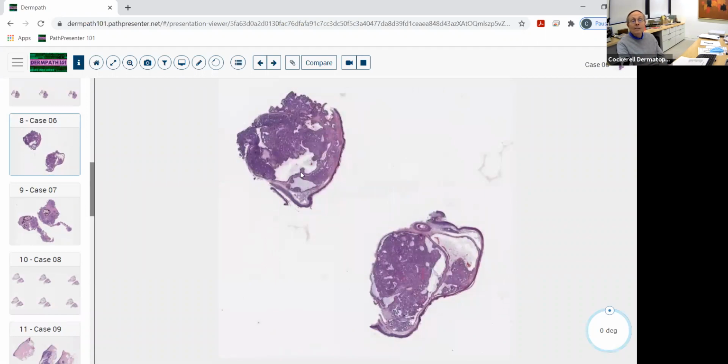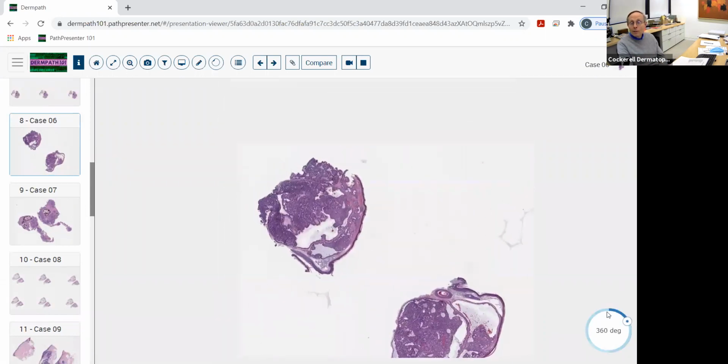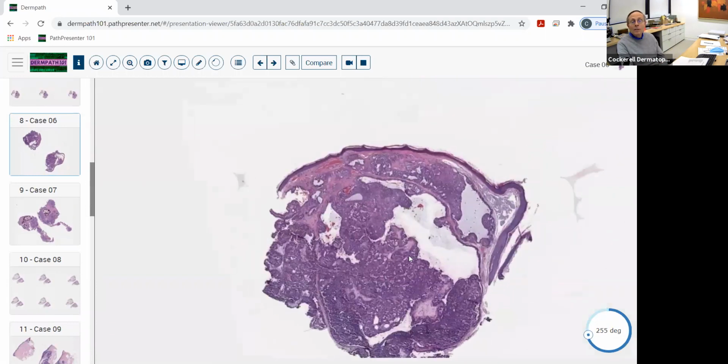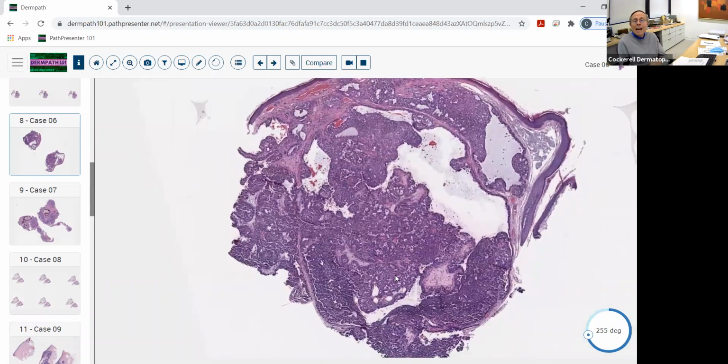In contrast, this lesion, unfortunately, when you get a small biopsy, it can be difficult to evaluate and apply criteria. So this was a lesion that was taken from a larger lesion.